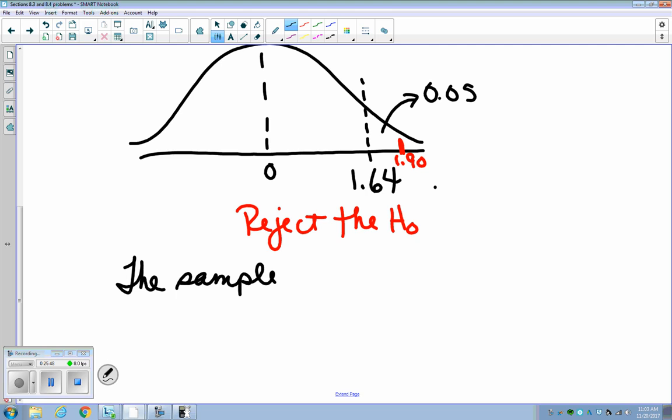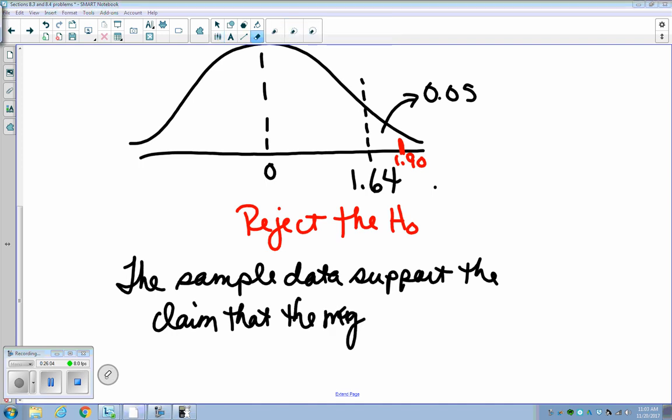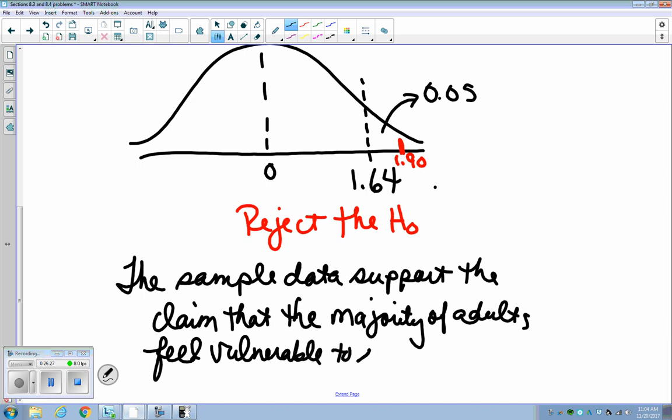The sample data support the claim that the majority, if I could spell, of adults feel vulnerable to identity theft. Okay?